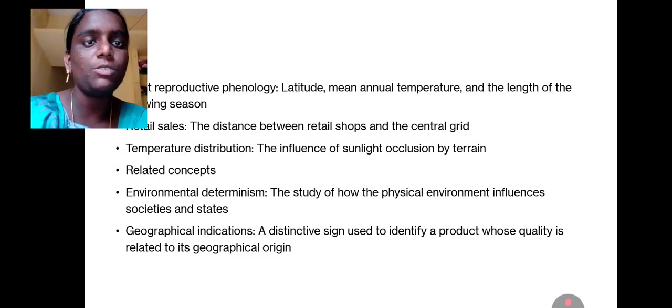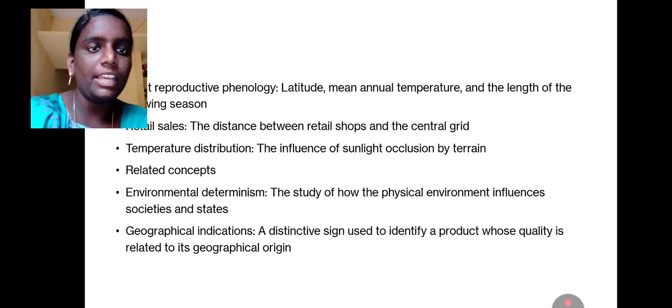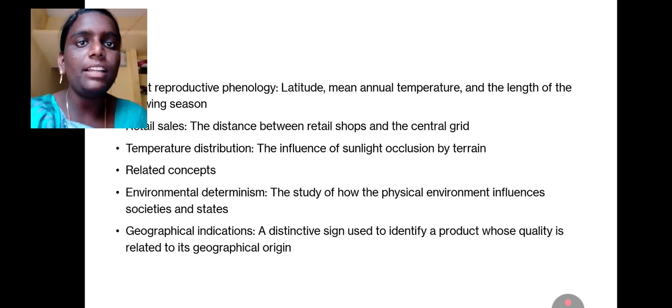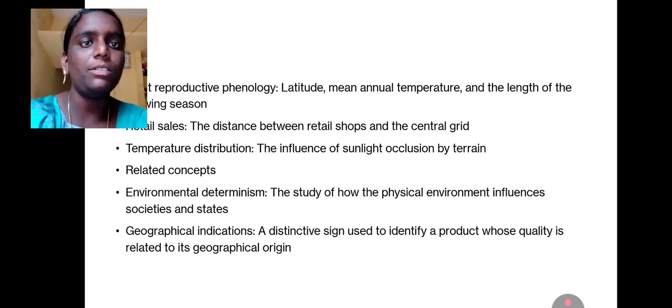The temperature distribution influences sunlight and occupations, along with terrain and rain. Environmental determinants are the physical influences on social status. Geographical indications identify the quality of a product related to its geographical origin.